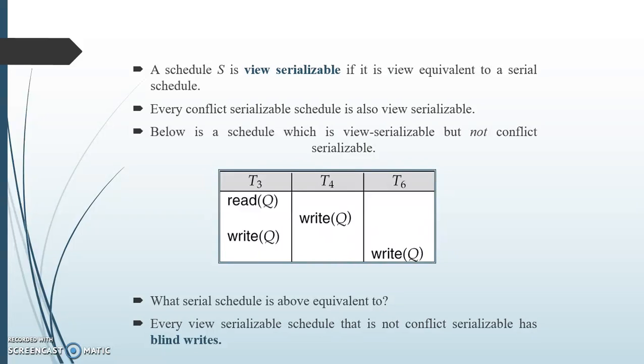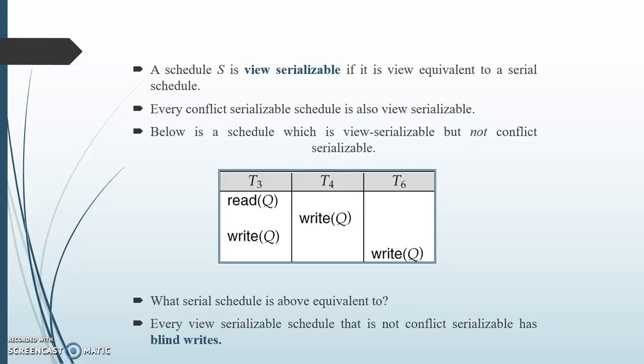In this we can see that read on Q is performed and then by transaction T4 write on Q is performed. So this is one conflicting action. Again, write on Q is performed by transaction T4 and again write on Q is performed by transaction T3. As we can see, a cycle is forming here, so we can say that it is not conflict equivalent.